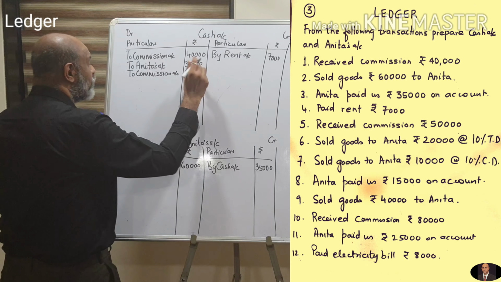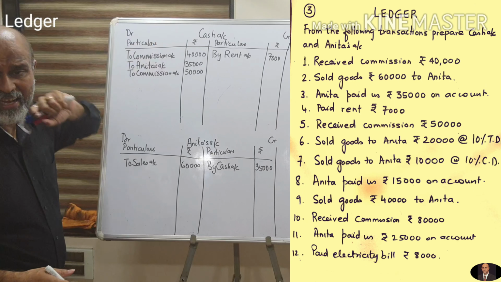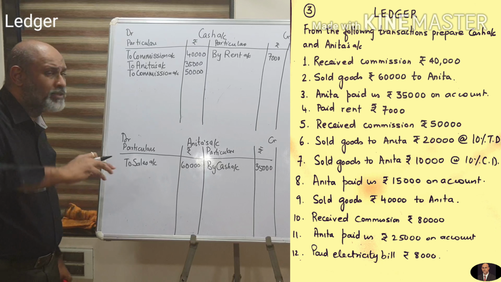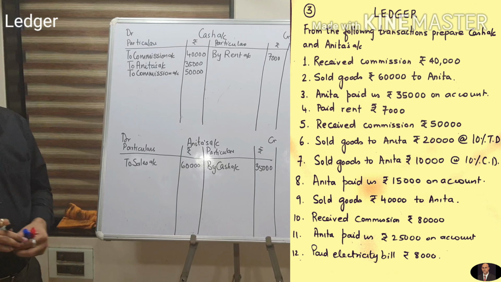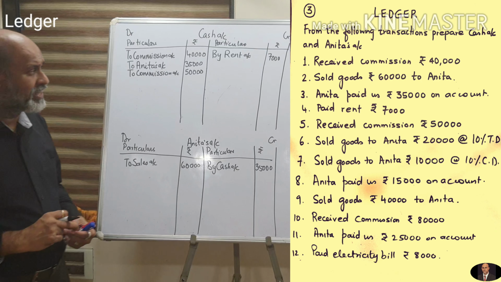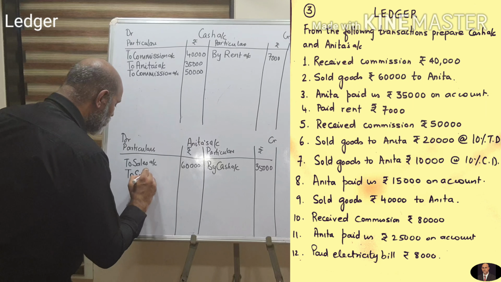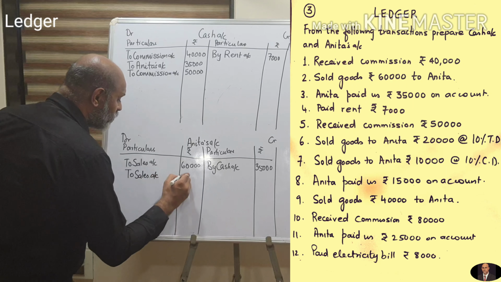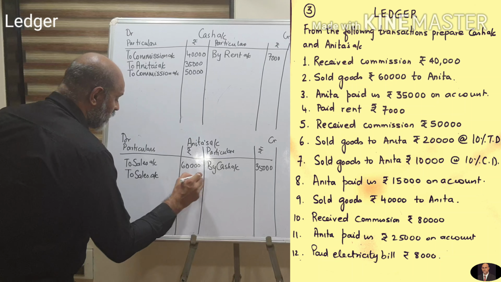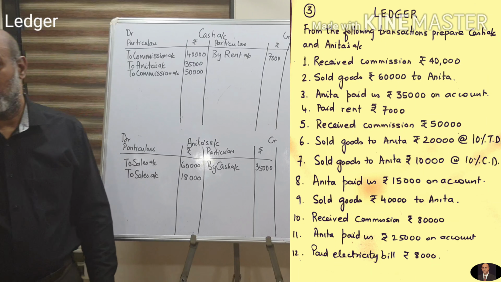Go to the commission account, go to the other side of the commission account and write down by cash. Sold goods to Anita rupees 20,000 at 10% TD. Two sales, and the TD will be counted, so it will become 18,000.